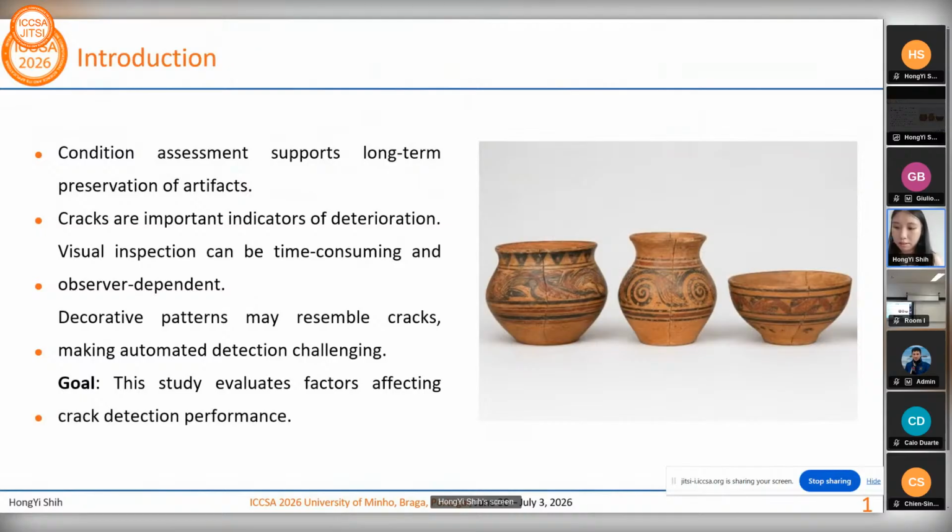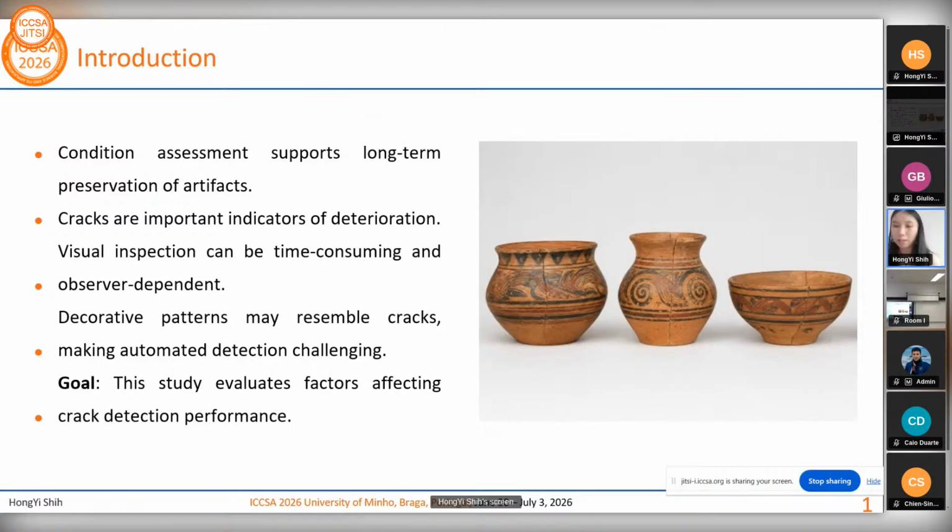The assessments document the artifact condition, including existing damages, deteriorations, or any visible changes over time. Among different types of damages, crack is one of the most common and important indicators of deterioration of cultural heritage artifacts.